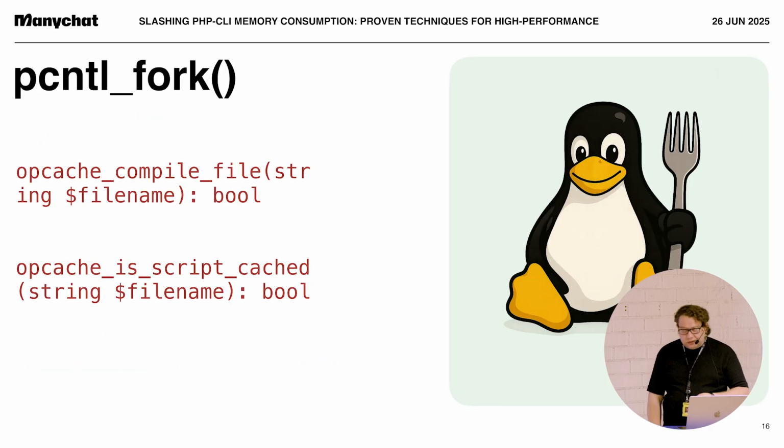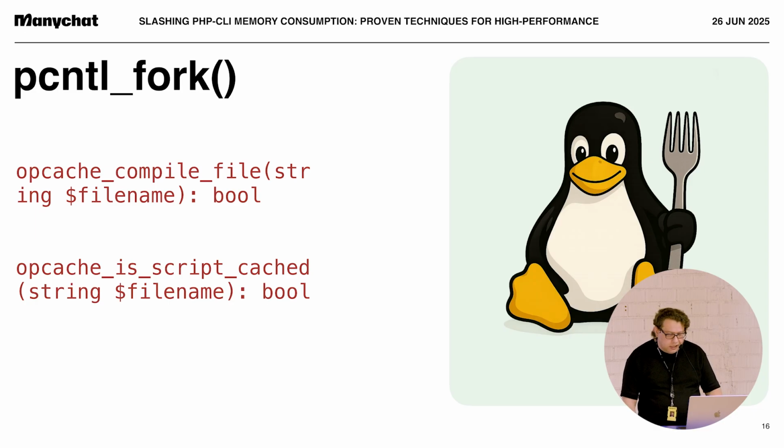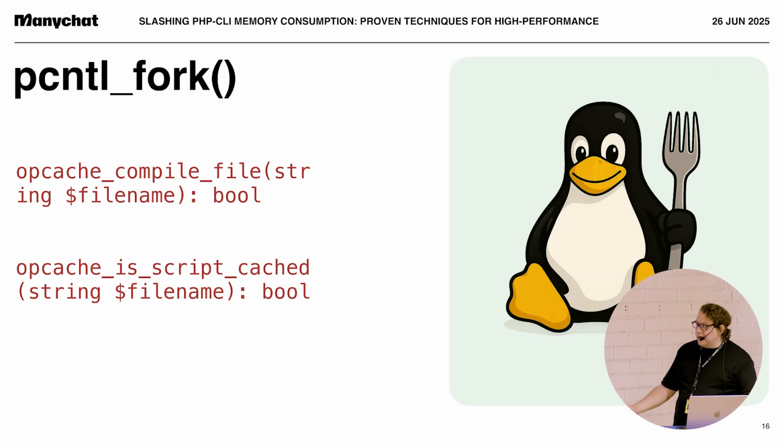And it turns out PHP command line has the built-in function pcntl_fork that actually does the same. It forks the PHP process into two.